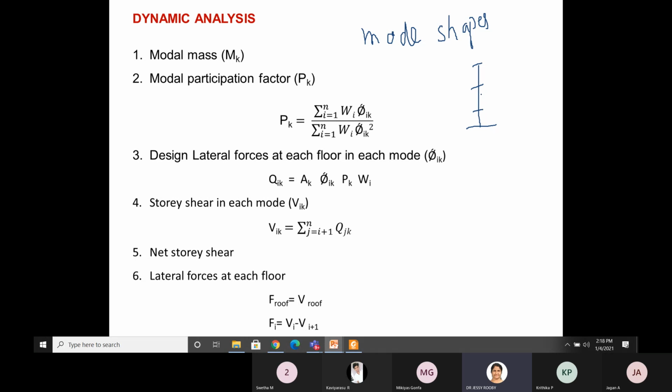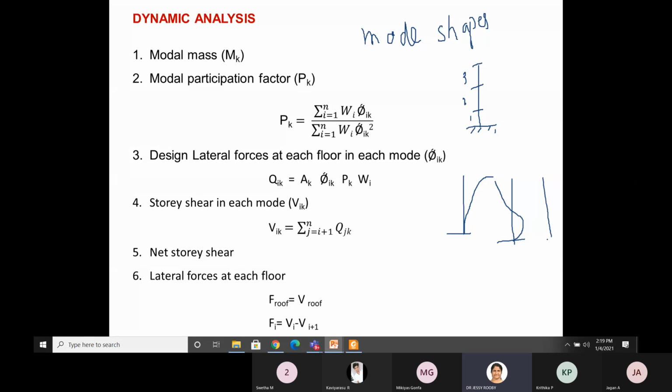First story, second and third. If there is a 3-story building, this structure will have 3 mode shapes. This is the first mode. The structure can vibrate to a single side. The second mode can vibrate like this, so this is called the second mode shape.